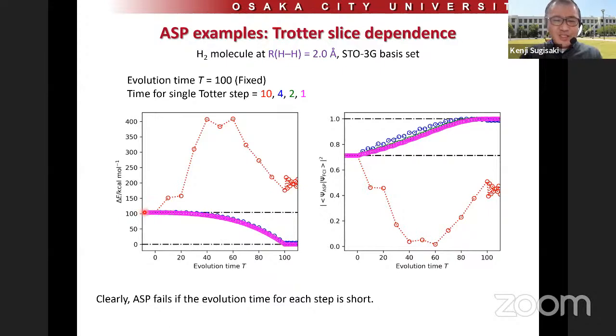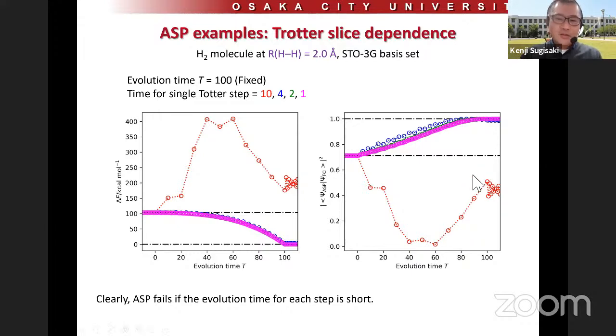Starting from the Hartree-Fock wave function, because the Trotter error or discretization error is so large, the energy varies and converges to a wave function with smaller overlap with the FCI wave function than the Hartree-Fock wave function.